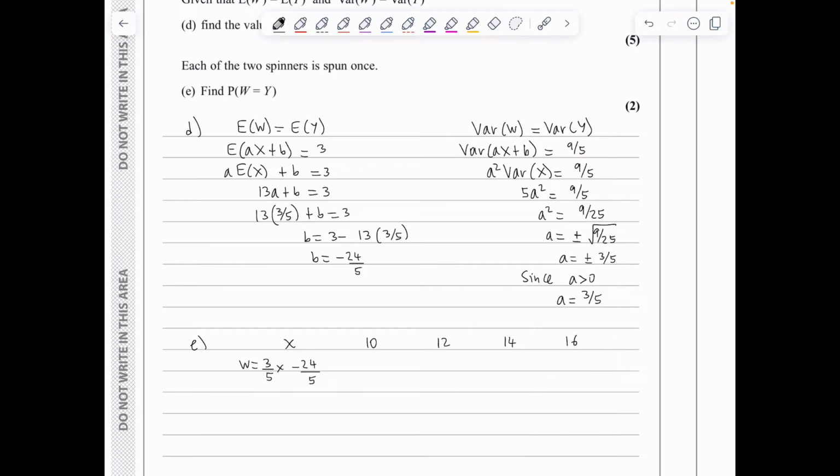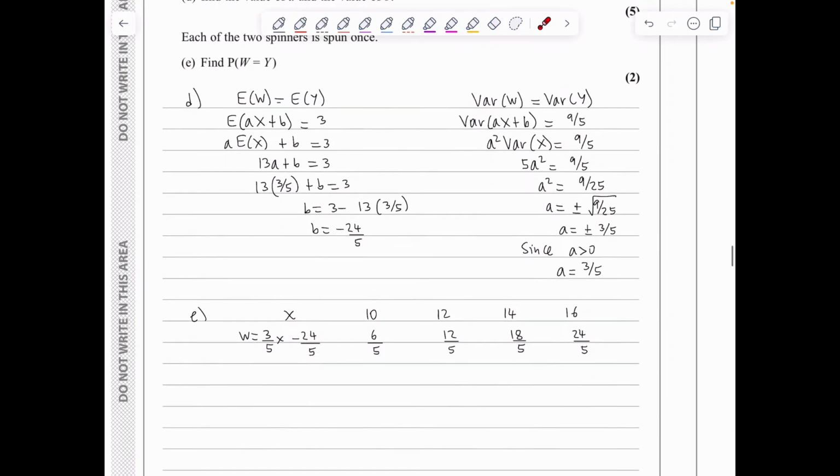So for each value of x, I will calculate the corresponding value of W. So when x is 10, we get that W is 6 over 5. When x is 12, we get that W is 12 over 5. And when x is 14, we get 18 over 5. And when x is 16, we get 24 over 5. So these are the values that the random variable W can attain.